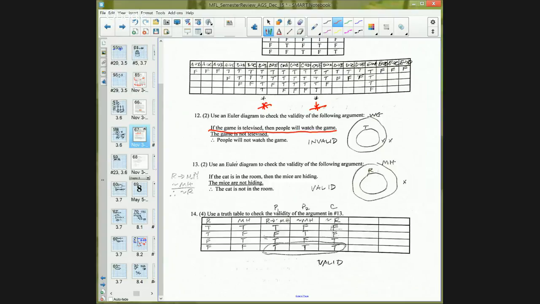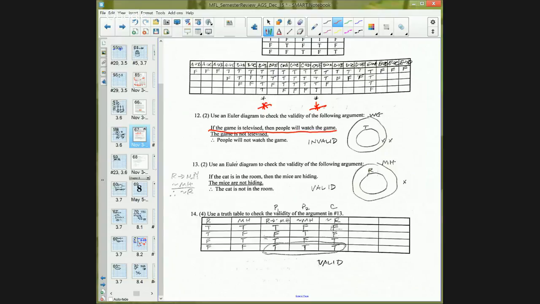Yes, on the inside. That is correct, and that's the biggest thing there. I had a number of people put the if part on the outside. Then it's not going to be successful. Anybody want to talk about number 12 other than that general principle? I'm fine with it. I'm good.